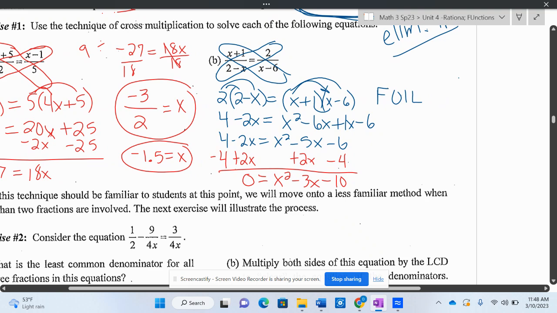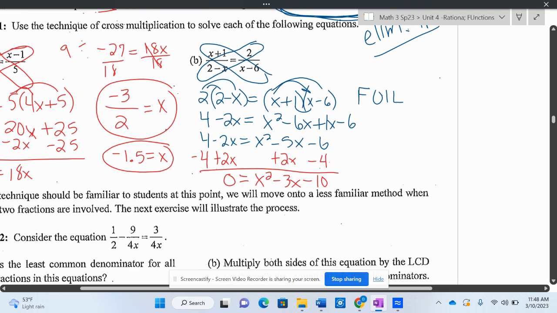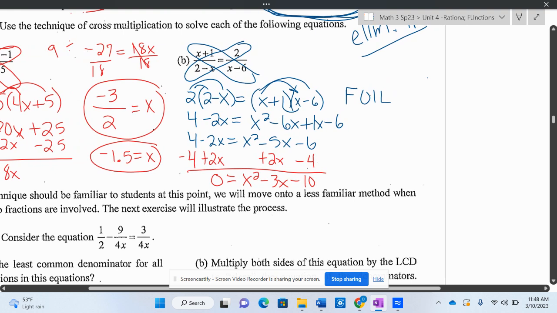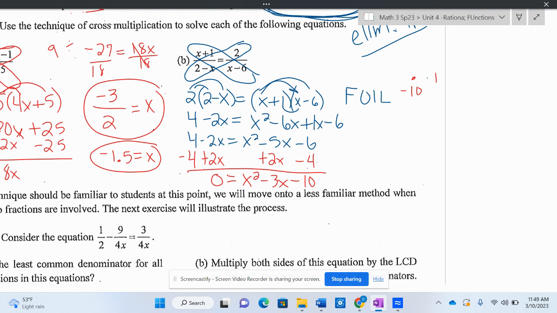Is that factorable? Can you think of two numbers that you can multiply together to get negative 10, that when you add them, you get negative 3? Perfect. Positive 2 and negative 5. So since my leading coefficient is a 1, remember when a is 1, the factors that you choose are the factors that you use.